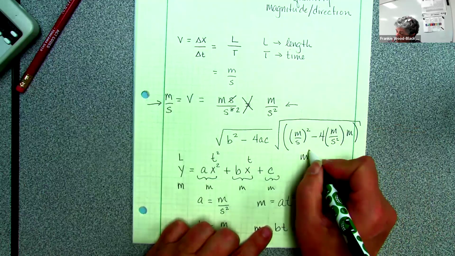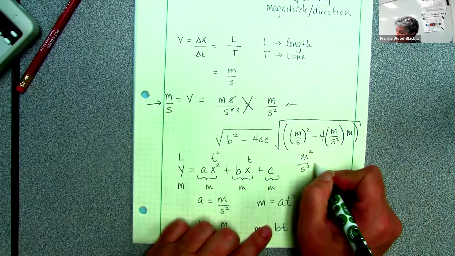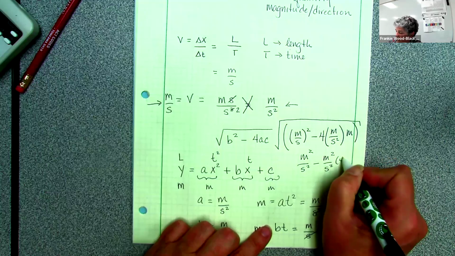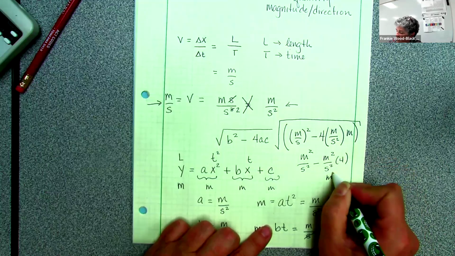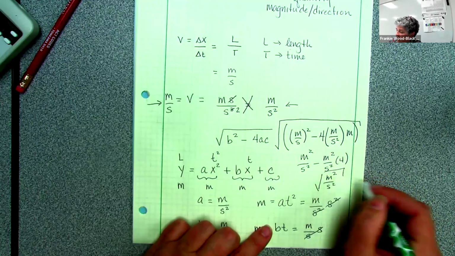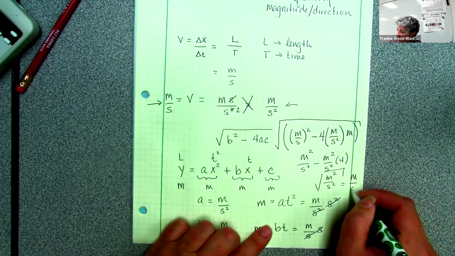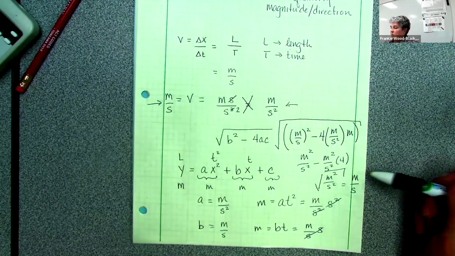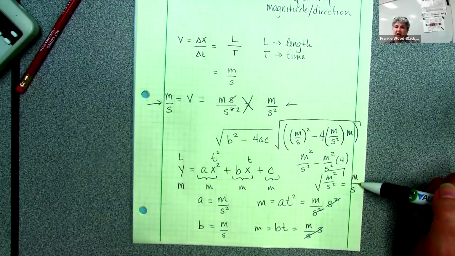I get meters squared per second squared minus meters squared per second squared times 4. But my units are in meters squared per second squared. So I get the square root of that, and I'm going to end up with meters per second. So that's when we say dimensional analysis is going to save you, because we can follow the units and know we've done our arithmetic correctly.